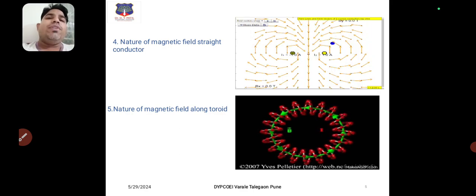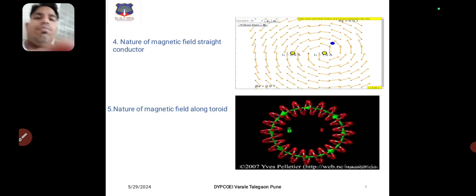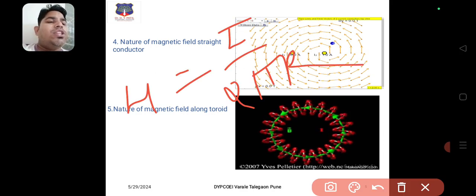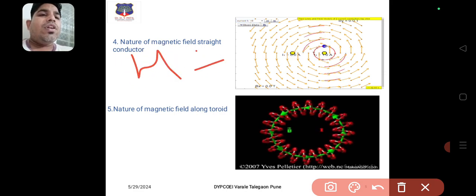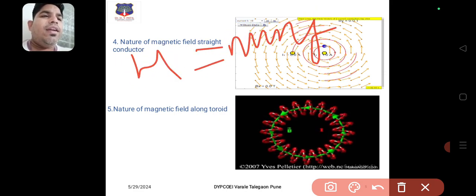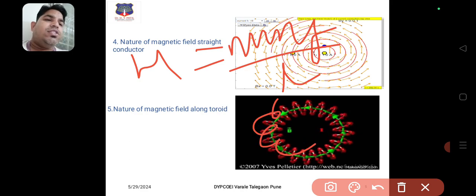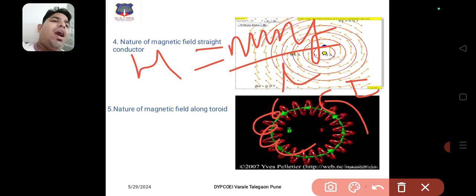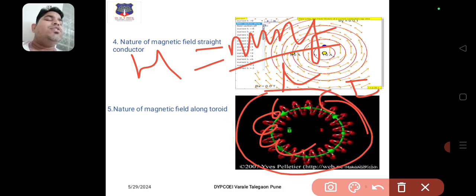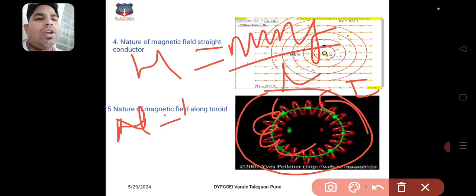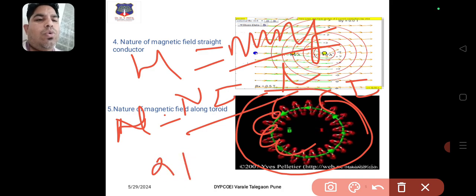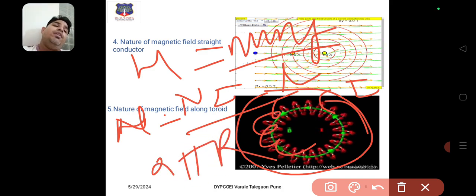We have discussed the magnetic field strength: H is equal to MMF divided by L. But here there are turns, and current I also passes through it, and it looks like the circumference of a circle. So we get H is equal to NI divided by 2 pi r.